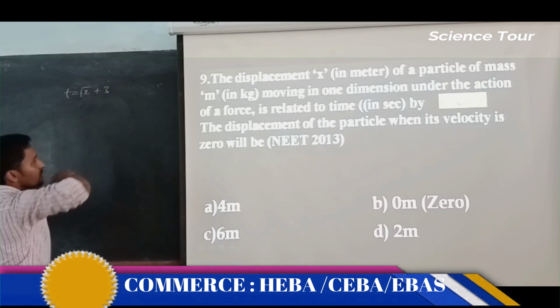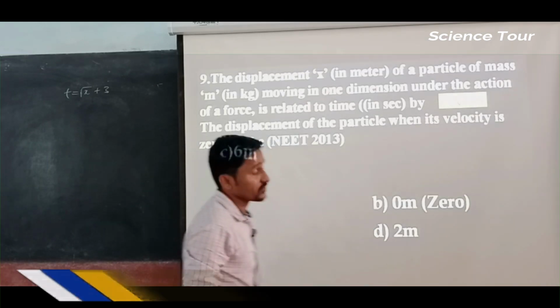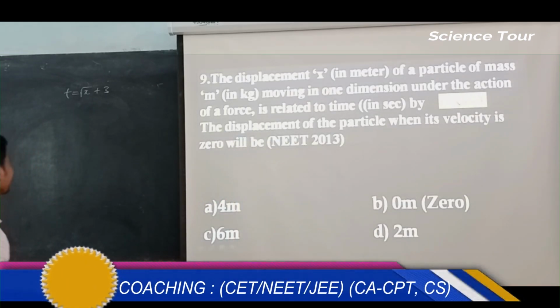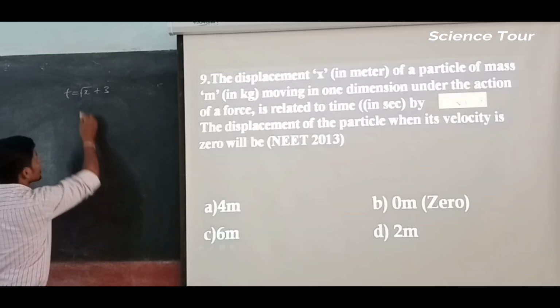The square root is given to x plus 3, but actually it is not like that. Please make it correct. It is t equal to square root of x, plus 3. What is the displacement of the particle when its velocity is 0? Displacement is not given.